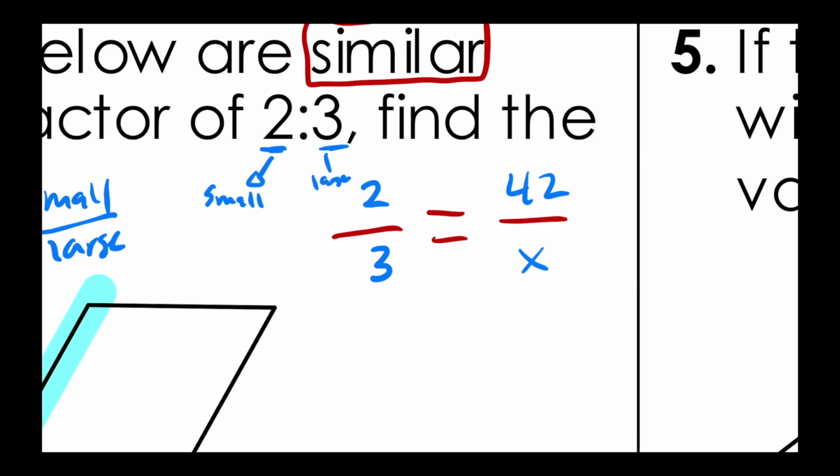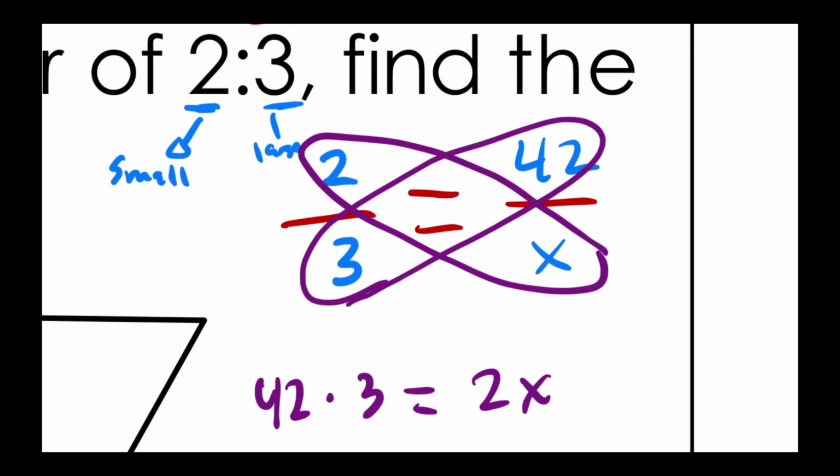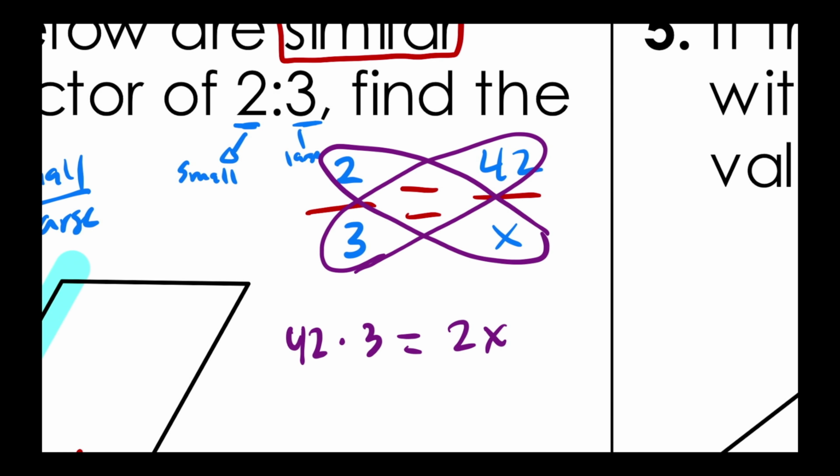Okay, good. So now once it's set up, the rest is easy. All we got to do now is cross multiply. So this times this, right? The cross products. 42 times 3 equals this times this, 2 times x. Okay. Remember these problems? Remember we did this last week? We had proportion problems like this we were solving.